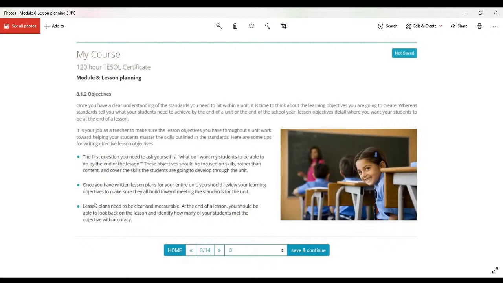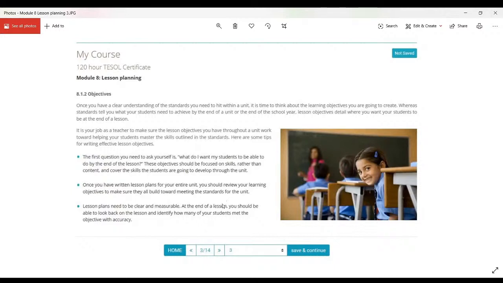Alright, next, once you have written lesson plans for your entire unit, you should review your learning objectives to make sure they all build toward meeting the standards for the unit. Okay, and lastly, lesson plans need to be clear and measurable.